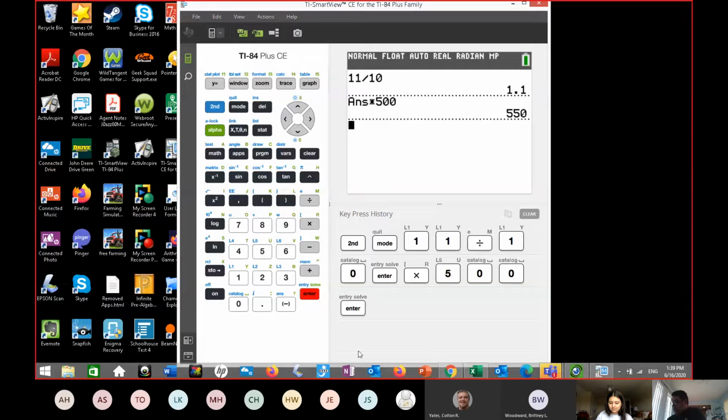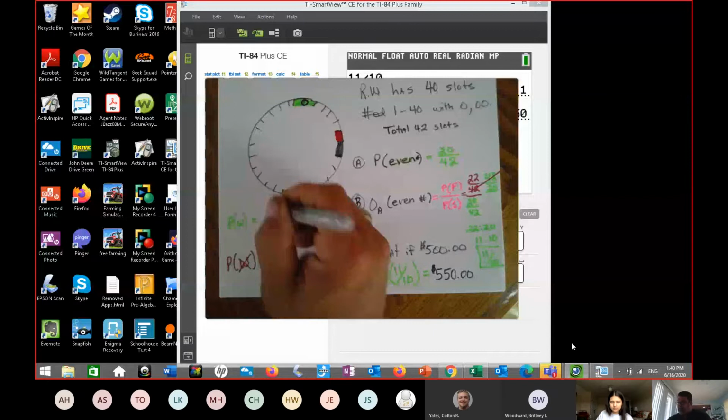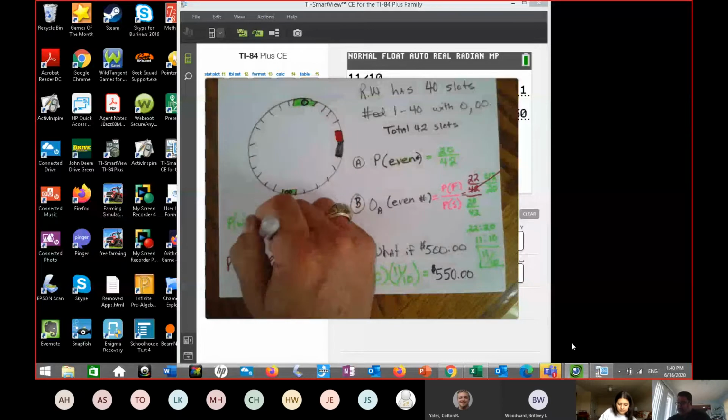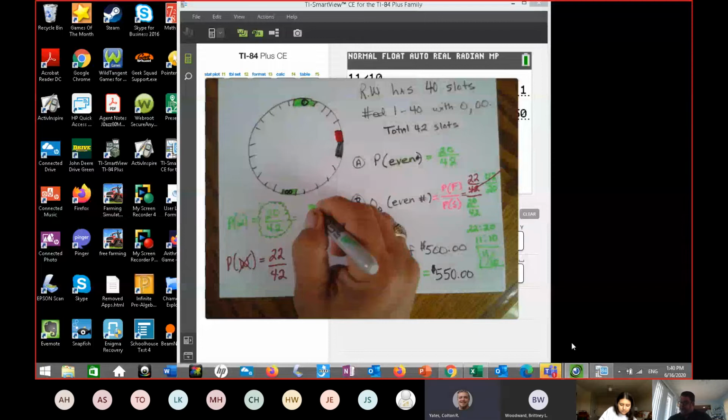That really sucks. I mean, you're going to waste $500 and you only win 50? Why do you not win a lot of money? Because, somebody give me the probability right here. What's 20 over 42? Somebody give me that decimal.